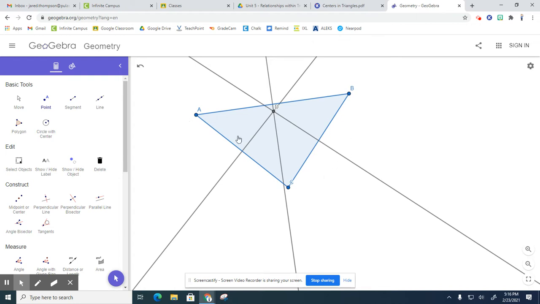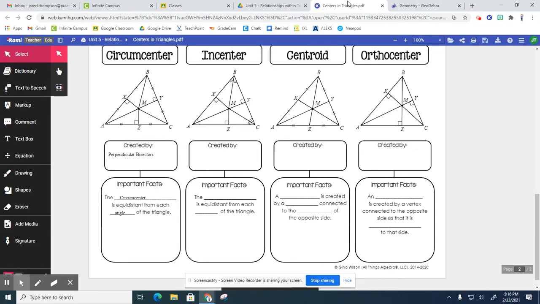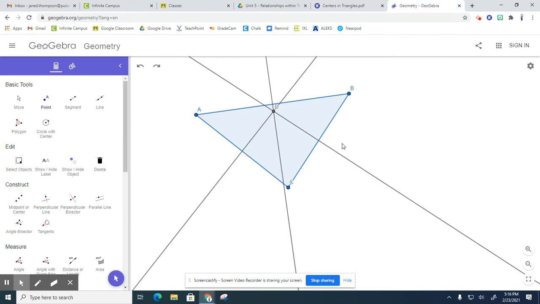Let me do it this way. Sorry, I forgot where I wanted my points to go.